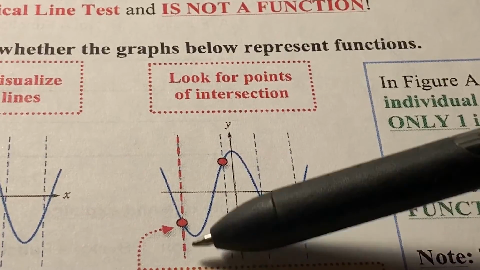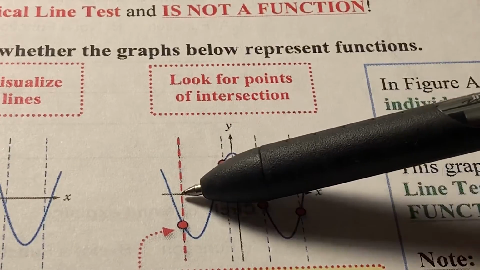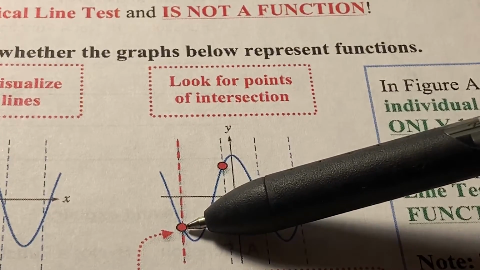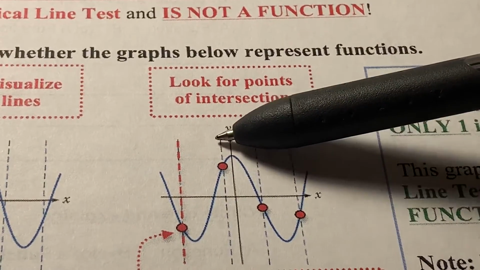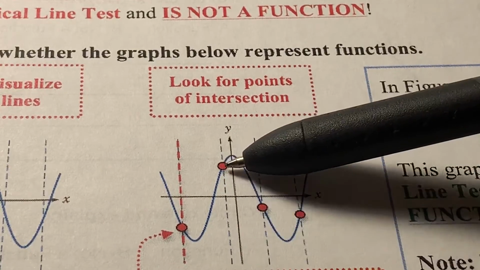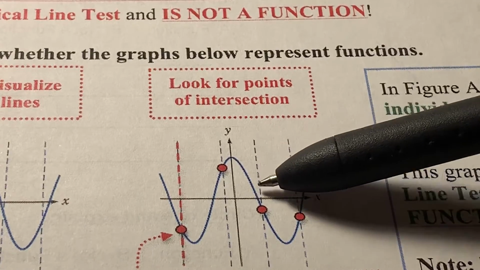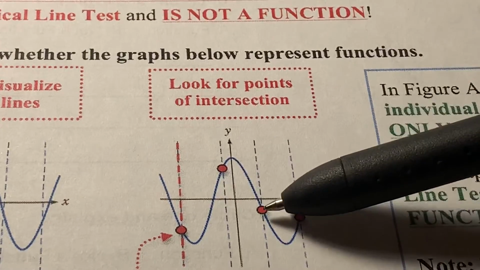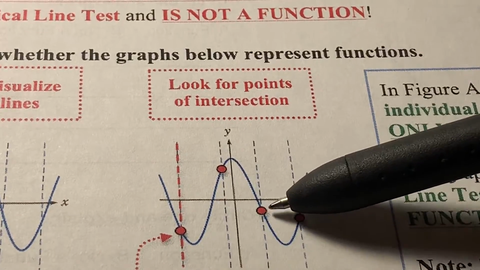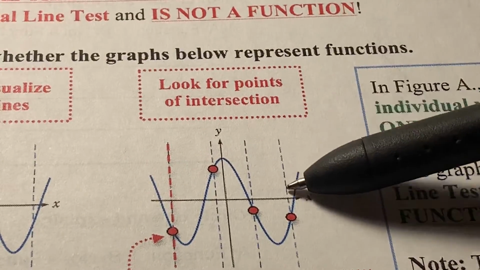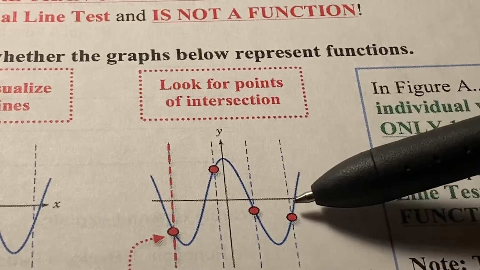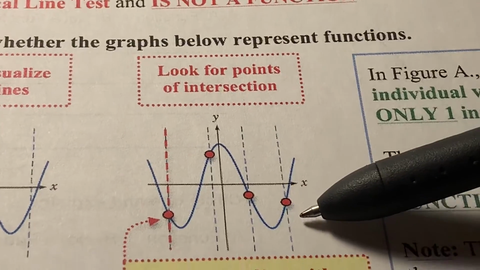That's the key, okay? So I'm drawing 1 vertical line, 1 point of intersection. Again, 1 individual vertical line, 1 point of intersection. Here again, 1 individual vertical line, 1 point of intersection. So folks, look here.